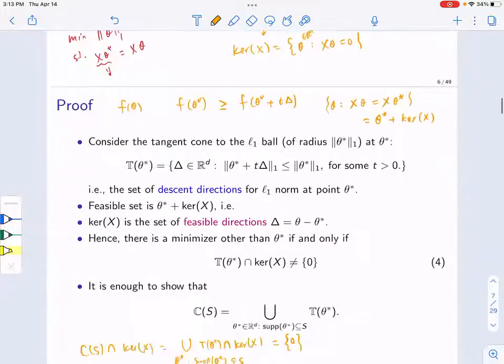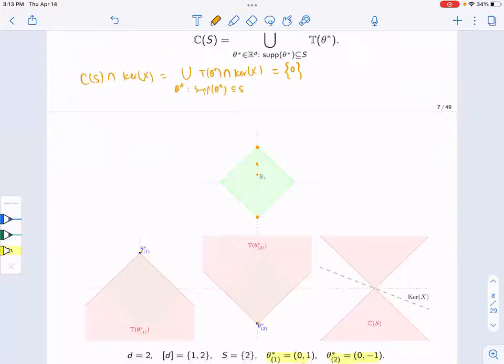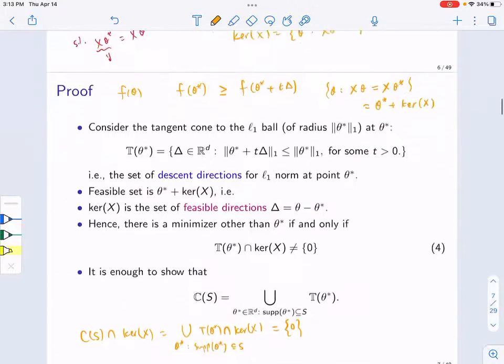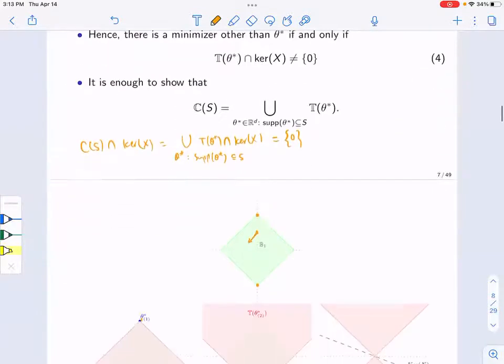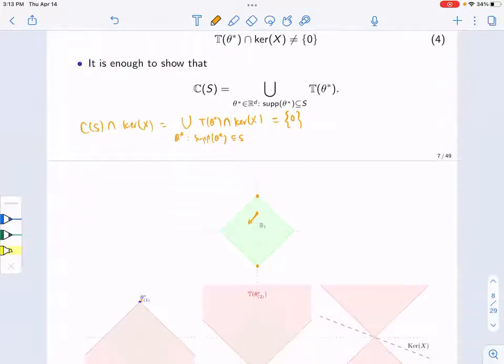So what are the set of descent directions if I'm at this point? It would be the same shape but smaller. It's a little bit trickier. So let's say this direction.